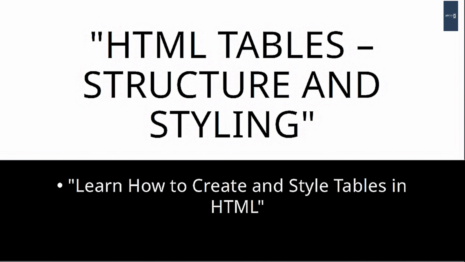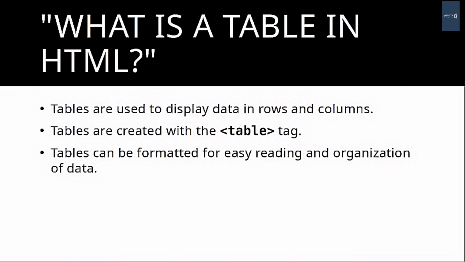Okay, so what are HTML tables, for what kind of purpose are we going to use them, and how can we structure the tables? What is a table in HTML actually? Tables are used to display data in rows and columns.